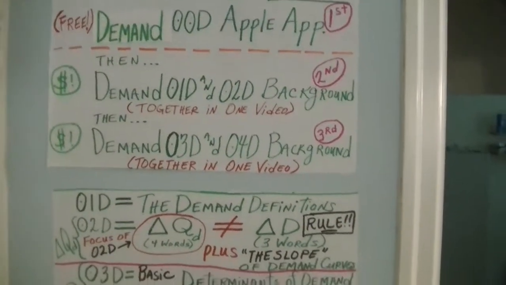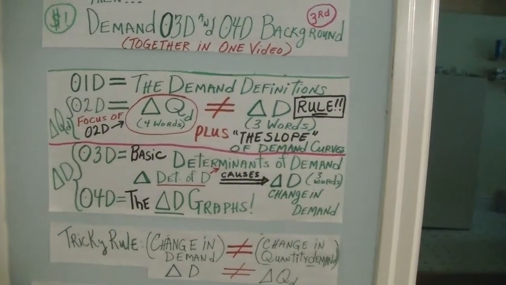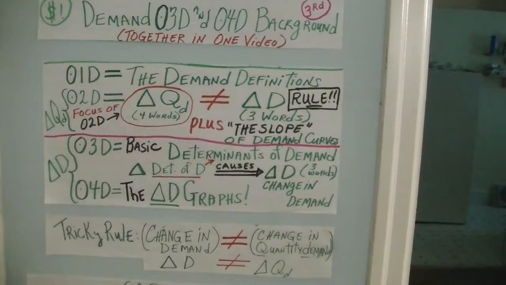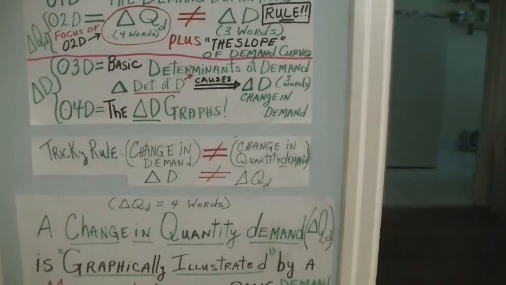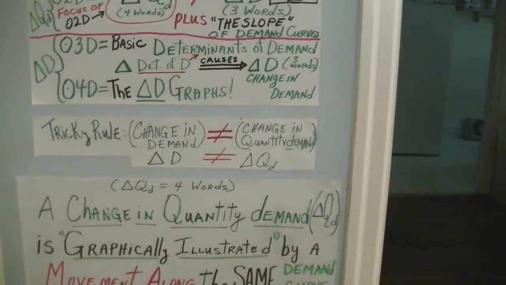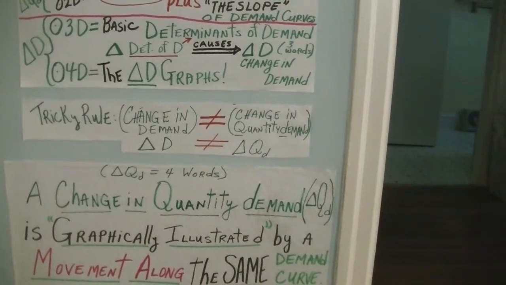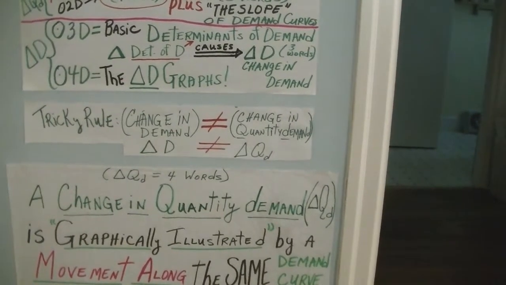Now, those next couple of videos are going to deal with these worksheets. And then I'm going to let you just look at that so that you can see what's coming up. But a major theme of those worksheets and the model is the goofy phrases that we have. And the three-word phrase, change in demand, delta D, is not the same thing as a change in quantity demanded.